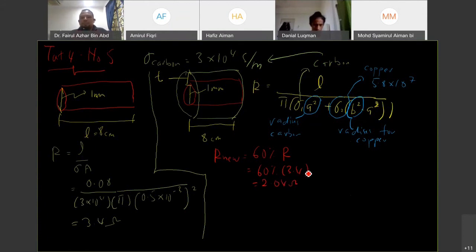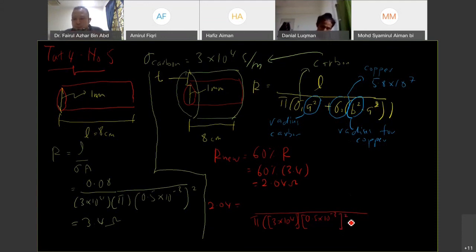We replace this value into the expression. So 2.04 is equal to pi, sigma 1 is 3 times 10 power of 4, multiplied by the radius for the carbon, 0.5 times 10 power of minus 3, squared.